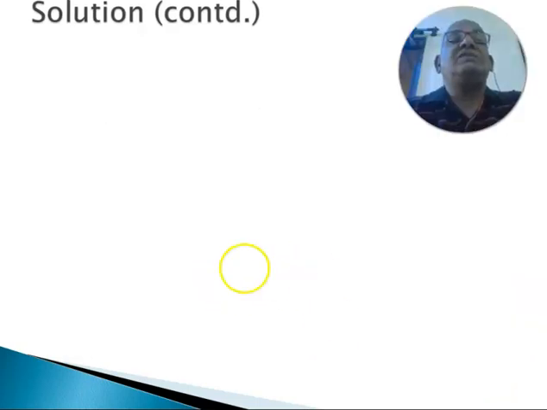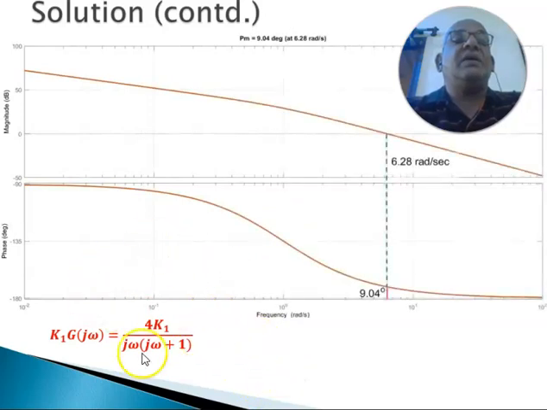So we'll see what we are going to do in this slide. This is the gain compensated system, and you have the Bode magnitude plot here, phase plot here, showing 9.04 degrees as the phase margin.